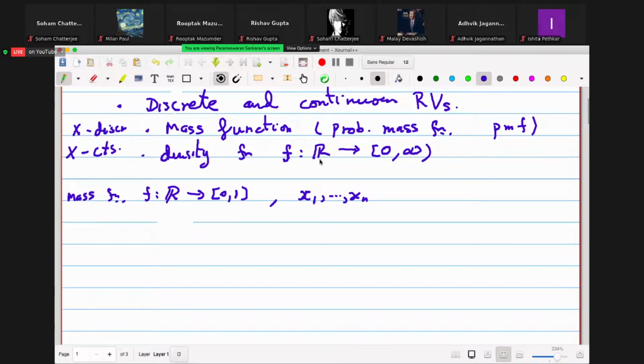The density function f is from real numbers to 0 to infinity, for x a continuous random variable, and F_X of x is given by the integral from minus infinity to x of f of t dt. This is what is required of this.